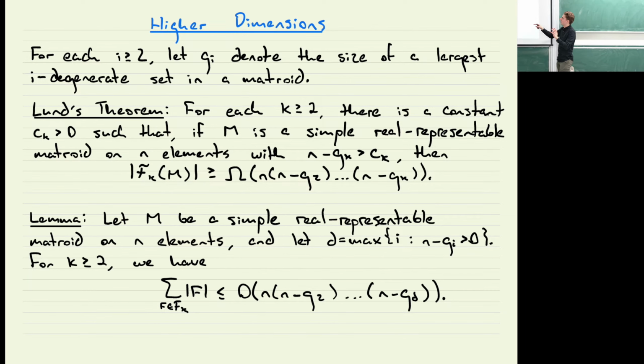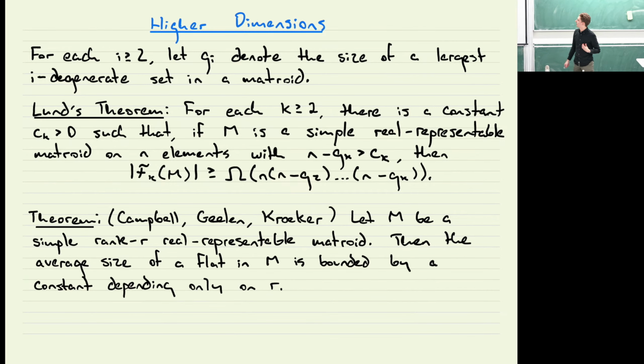Then you go through each possible rank in your matroid and apply this to every one of those ranks, and then you aggregate those all together and you get your bound. That's maybe a bit hand wavy, but the upshot is we get this result.